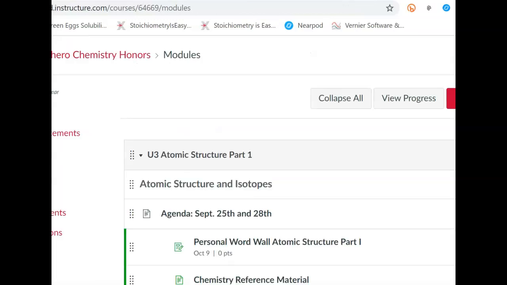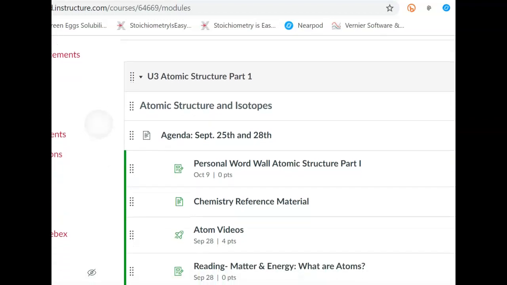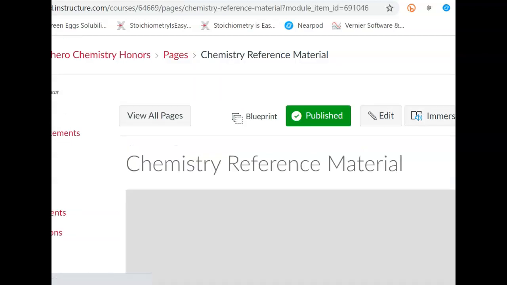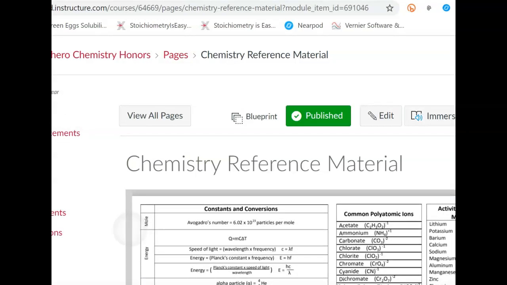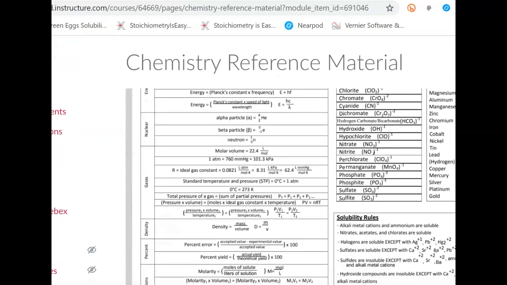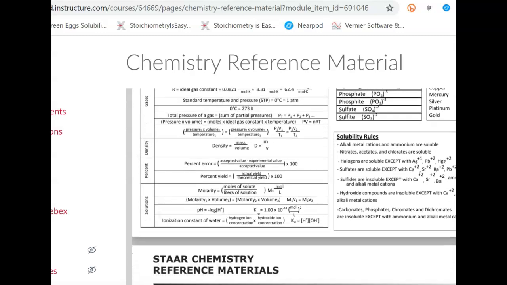This literally means that you need to go back to your module and go find your chemistry reference material. And here it is. Here's my chemistry reference material. We are going to take a look at what this has in it. This has all kinds of equations, as you can see as we're looking through here.